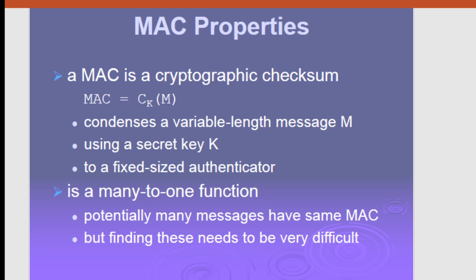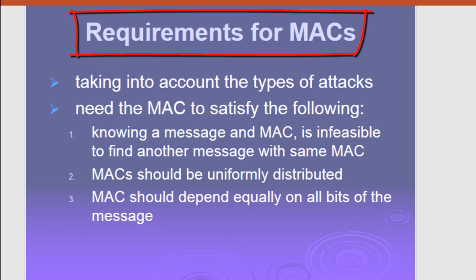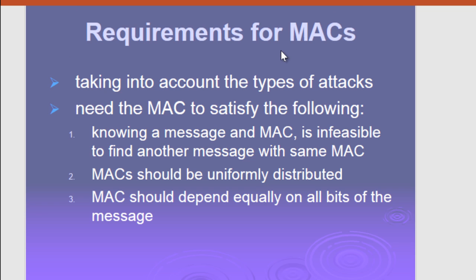Now let us see the requirements for MAC. What are the things which are required for providing MAC? By considering many different types of attacks, you can think of some requirements to satisfy the MAC. Knowing a message and its MAC, it is infeasible to find another message with the same MAC.